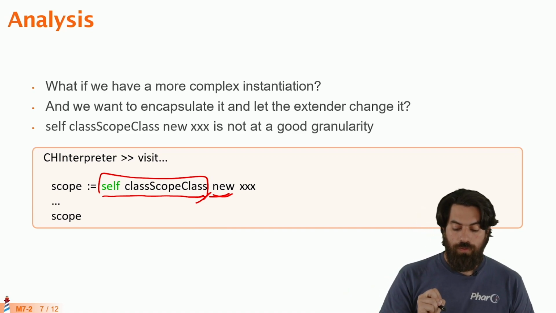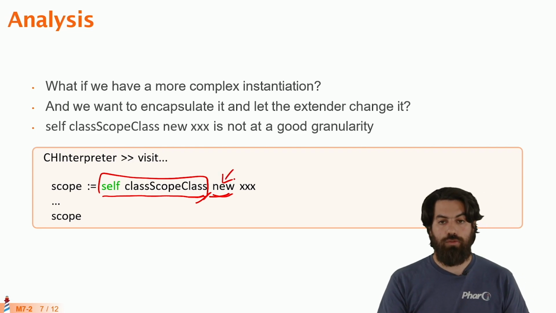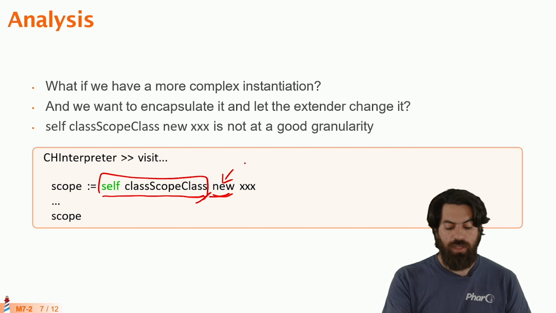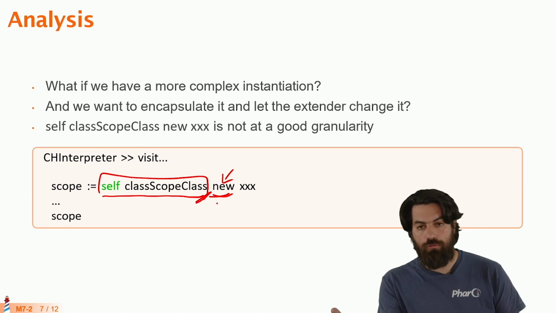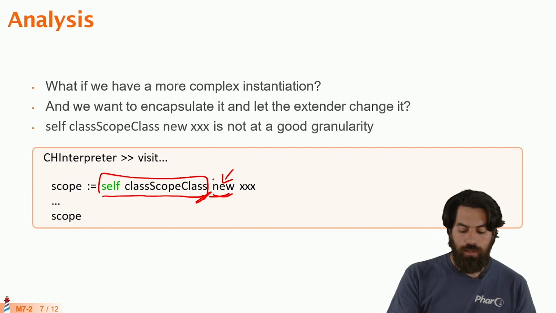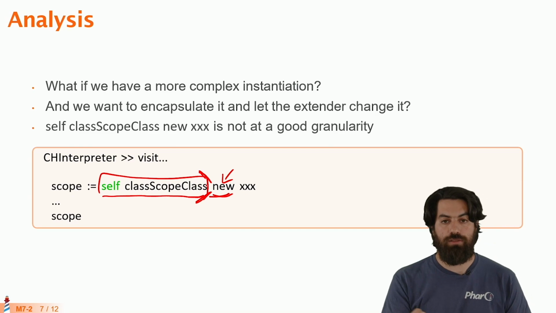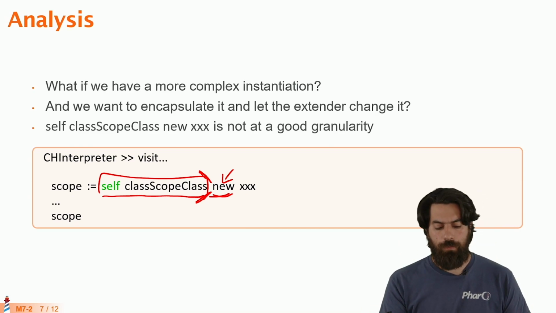So actually what happens here is that maybe instead of new, what we wanted to do is to send a different message with parameters or something like that. But here we cannot actually do it because maybe one scope actually doesn't need all that, and another scope, yes, it does need that. So that means that actually the hook at this level is not enough. It's really too small. So maybe we can do better.